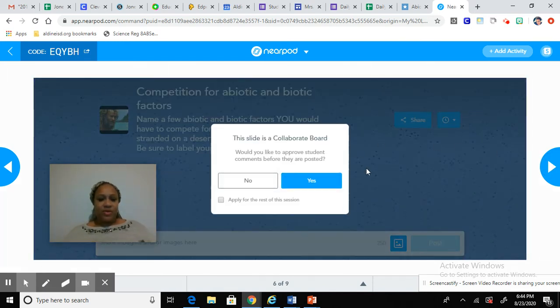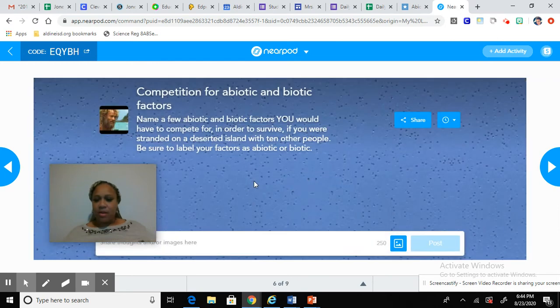Of course, you're going to have a collaborate board. Let's see. Yes, I will approve the students. All right. So it says name a few abiotic and biotic factors you would have to compete for in order to survive if you were stranded on a deserted island with 10 other people.